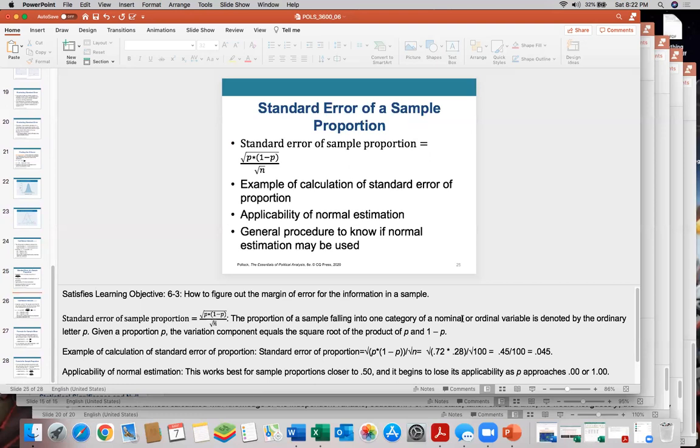I feel like we're not so much going to have to do this as the problem that we did for that final review problem, which we'll go over a little bit also, just as a refresher. But for the standard error of proportion, it's the proportion times 1 minus the proportion over the square root of the number of cases, the number of observations.